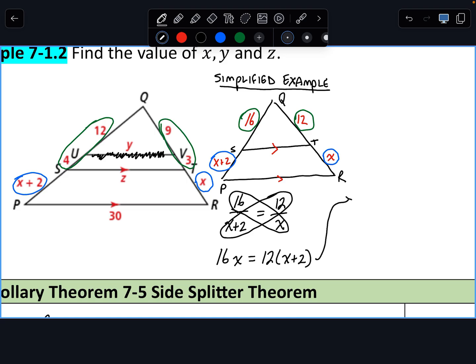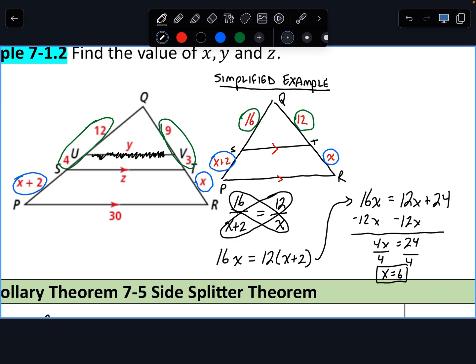So I get 16x equals 12x plus 24. Subtract 12x from both sides. We get 4x equals 24. Divide both sides by 4, and I get an x value of 6.